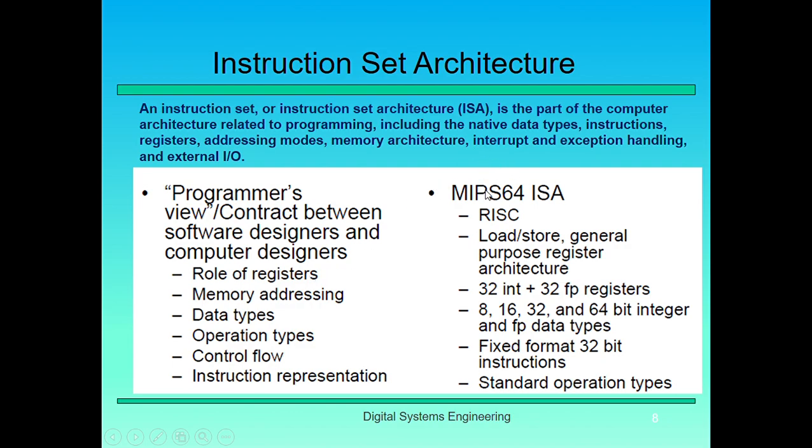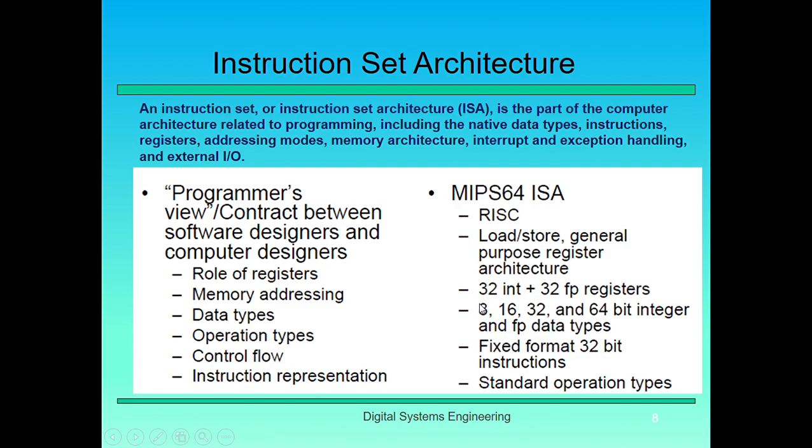And here, if you see the MIPS 64 instruction set architecture, it is basically a reduced instruction set architecture. RISC stands for reduced instruction set architecture. So it has a load-store, general purpose register architecture.